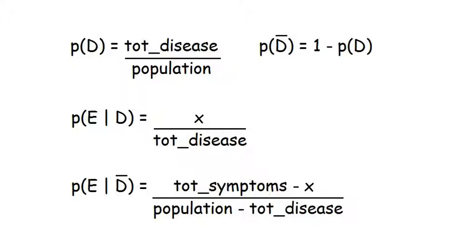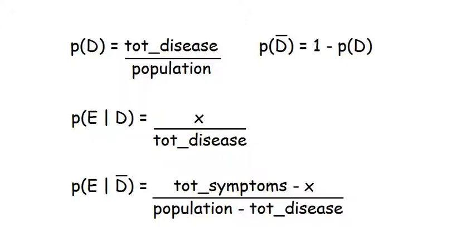We get that simply by summing all the figures in the table. Right, the prevalence of the disease as a whole in society is found by dividing the total number of people with the disease by the total population. And the probability of some given person not having the disease is found by subtracting this figure from 1, since either a person has the disease or he hasn't.